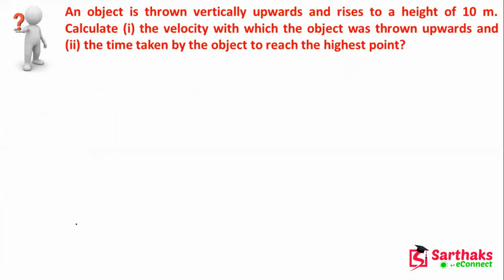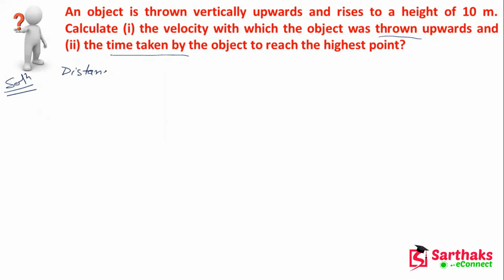Okay, fine. Another one: an object is thrown vertically upward and rises to a height of 10 meter. Calculate the velocity with which the object was thrown upward and the time taken by the object to reach the highest point. Let's solve this problem.